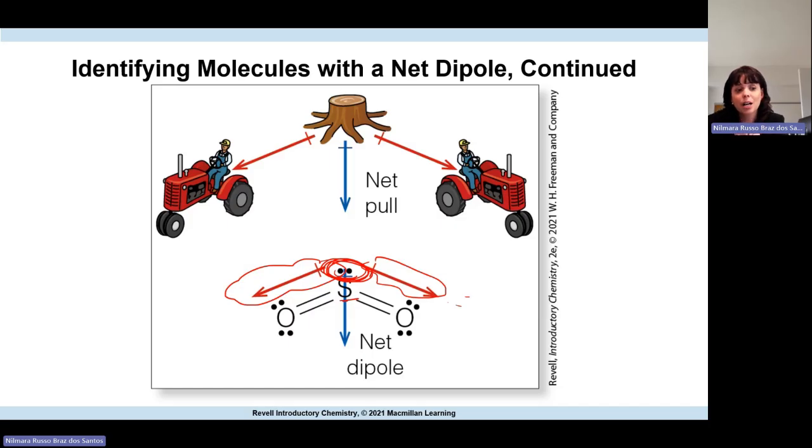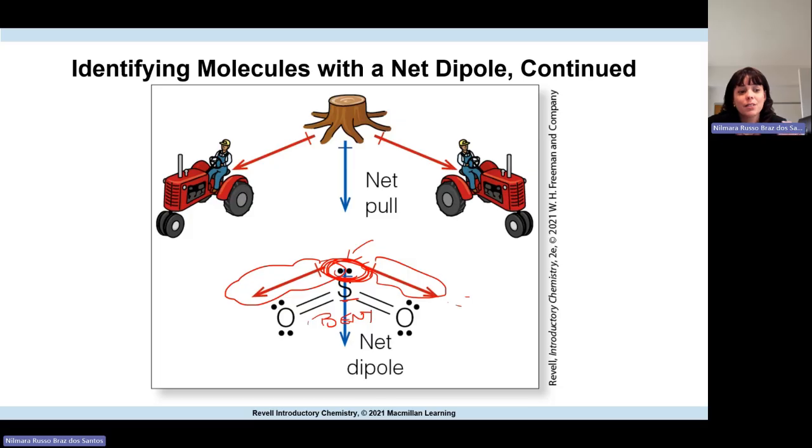They are not actually pulling in exactly opposite directions, because we have a bent shape here, not linear like the CO2 we had before. So in the moment that we have non-bonding electrons in the central element, our molecule will not be linear.